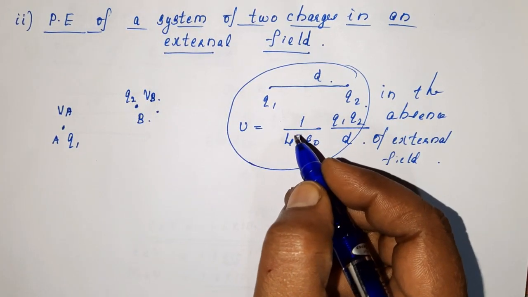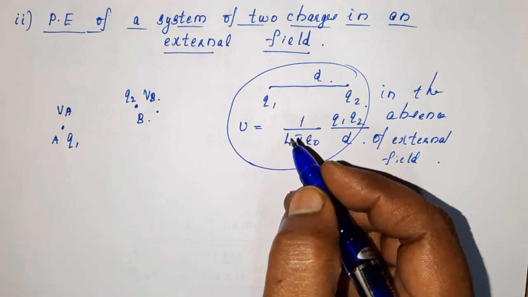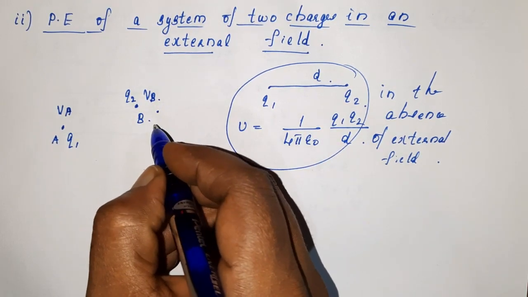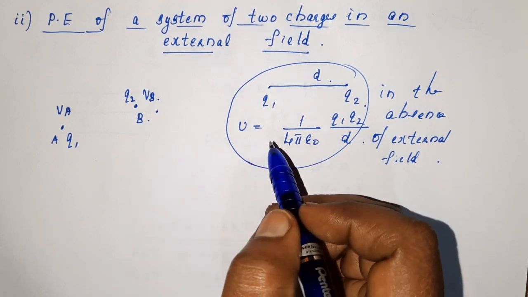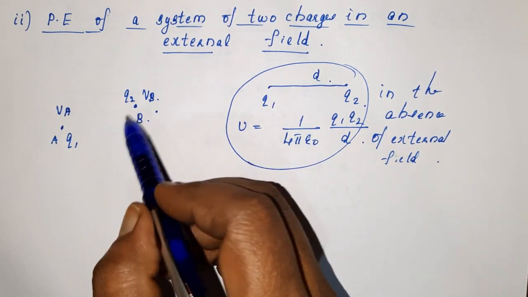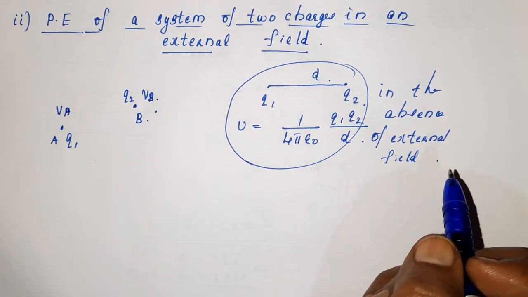If so, what will be the potential energy of this system? That's what we are going to find, from the definition itself. What is the definition of potential energy? The potential energy is the work done in bringing these charges from infinity to these 2 points.